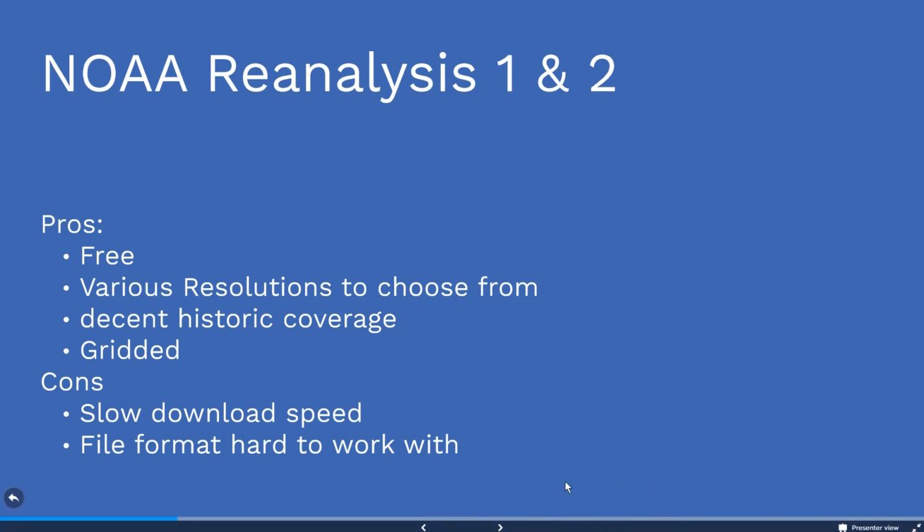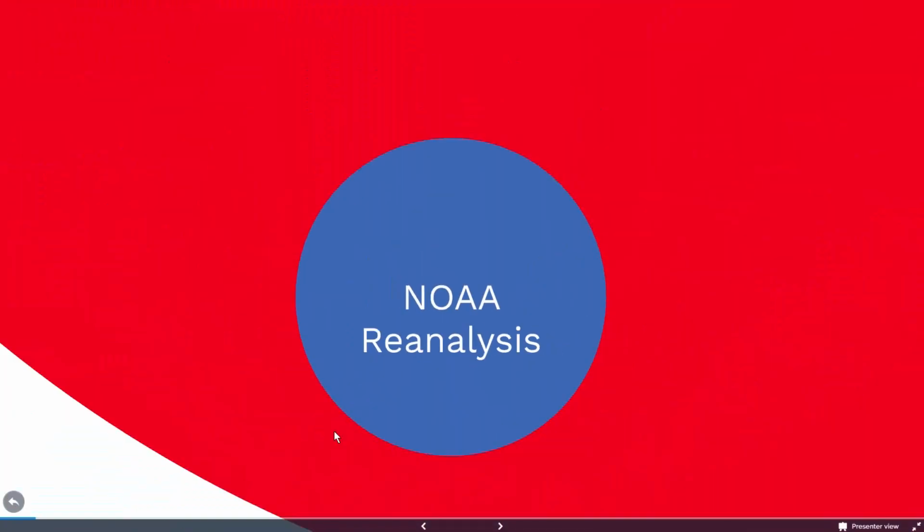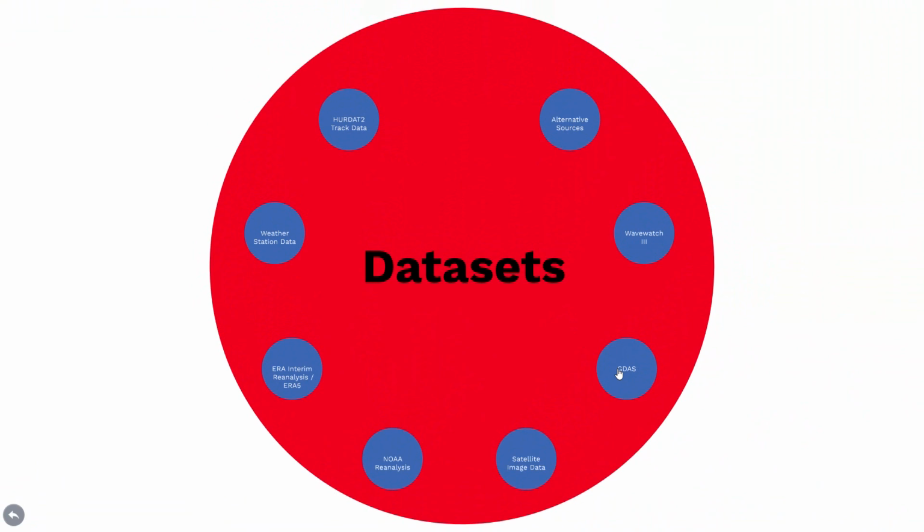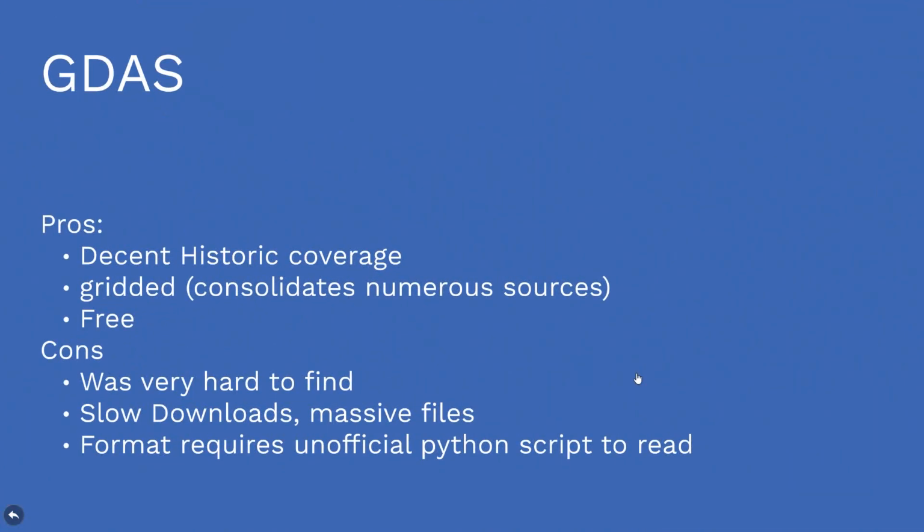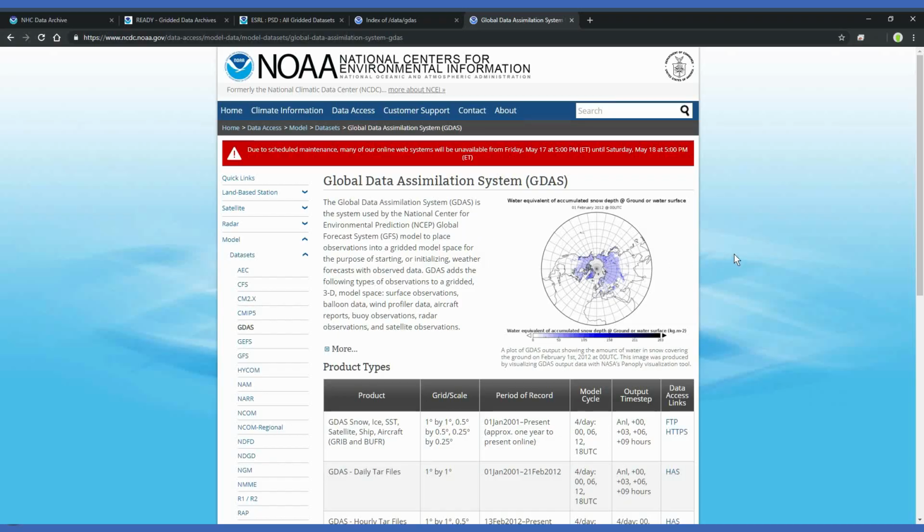Anyway, I'm going to hop over to the gdas data now, and I'll come back to the satellite image data in a second, just because gdas has a lot of the similar issues. So gdas is sort of the current version of Reanalysis 2. This is the global, I think it's global data assimilation system or something.